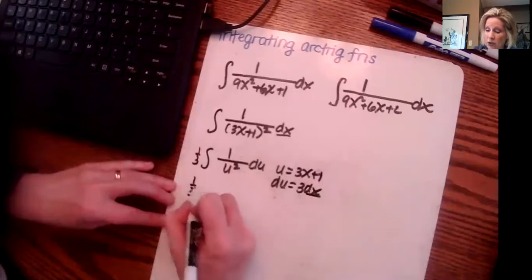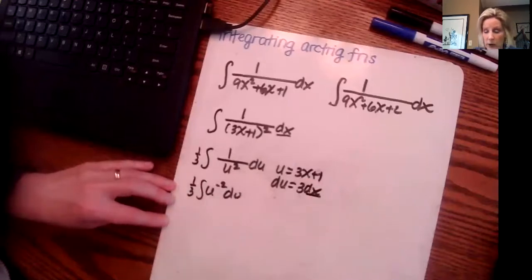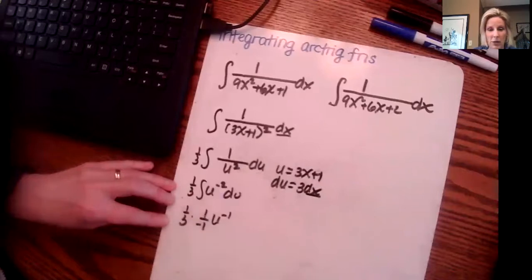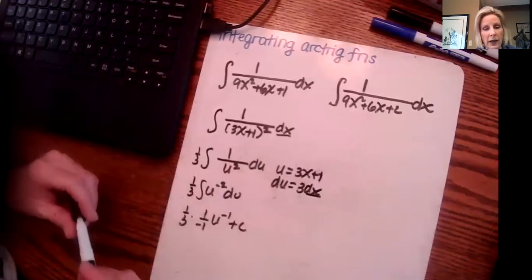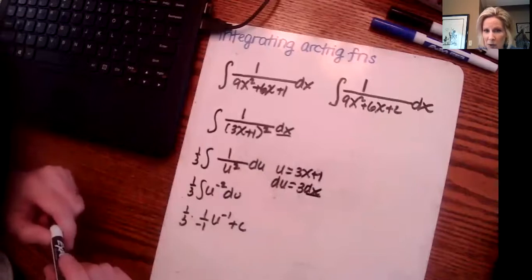Now you know how to do this one because this goes back to just the power rule, where you add one to the exponent, divide by the new exponent, and then clean this up. You could put the u on bottom, sub back in your x's. So that's a hard problem.